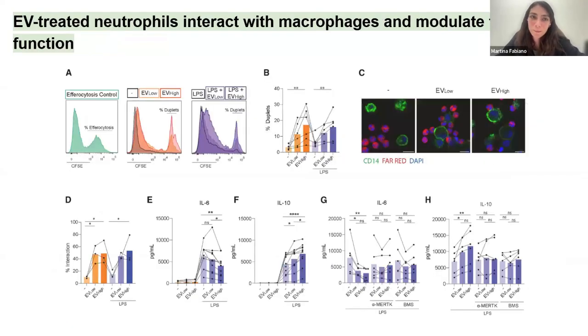Now, the following. After all these results, we started thinking that maybe extracellular vesicles that were attached to or interacting with neutrophils, which expose phosphatidylserine in their membrane, and the bridging molecules, as we described before, could be favoring macrophages to phagocytose those neutrophils, recognizing them as apoptotic cells without being apoptotic.